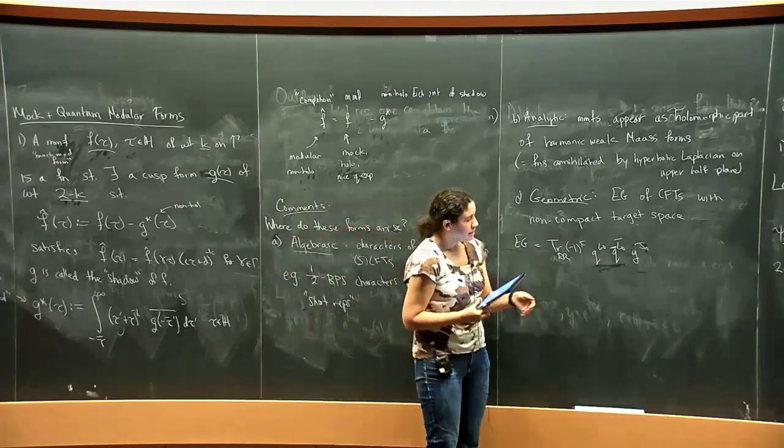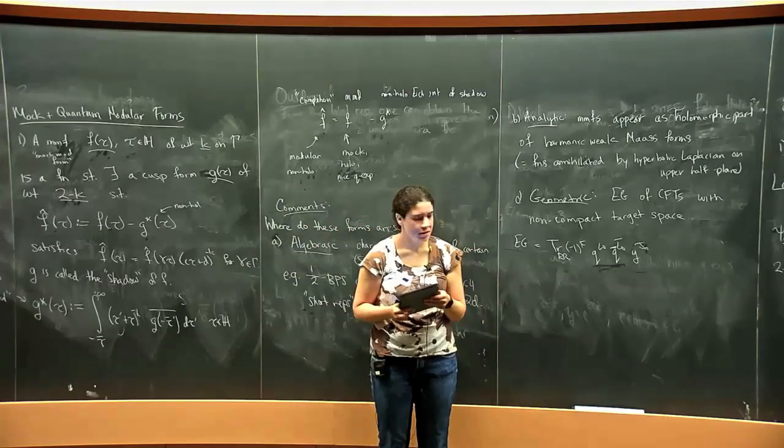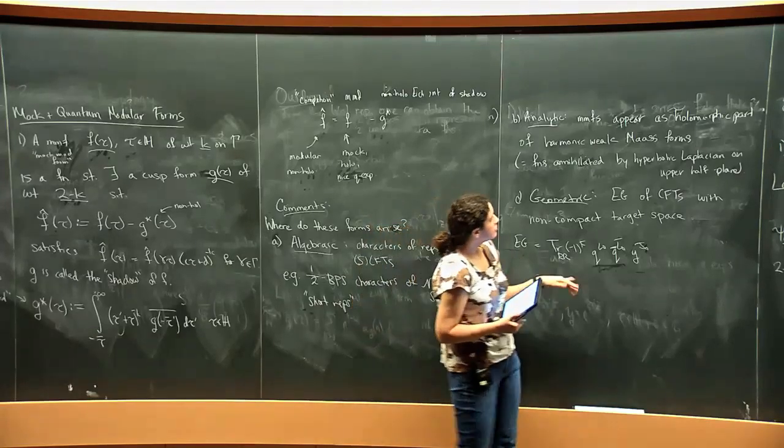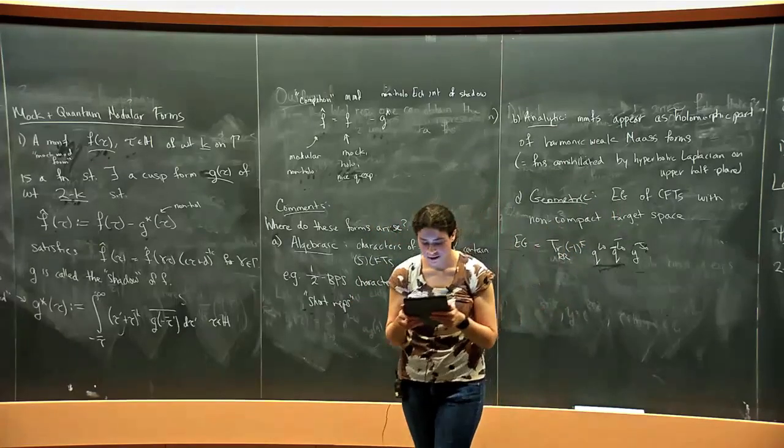But if you have a non-compact target space, that doesn't have to be true. And so in general, the elliptic genus will be non-holomorphic. And if you consider the holomorphic part, it's mock modular.